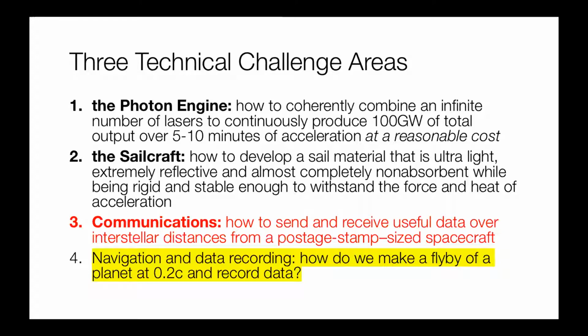So then one obvious next question is, this acceleration is very large and the laser is a lot of power. Is it even possible to develop a material that would be reflective and useful as a light sail, but lightweight and reflective enough and not absorb any of this light and heat up and burn up, but also, under the acceleration and this beam that you're pushing it with, be mechanically rigid and stable enough?